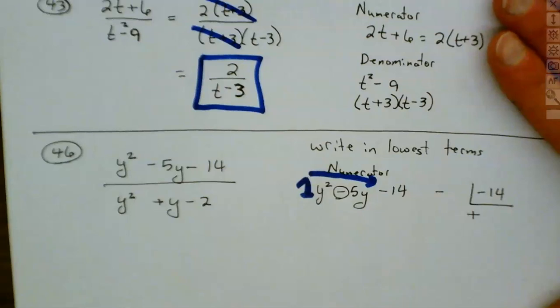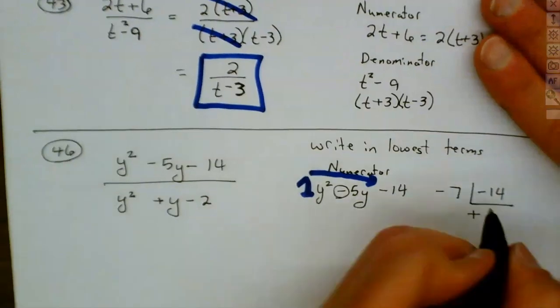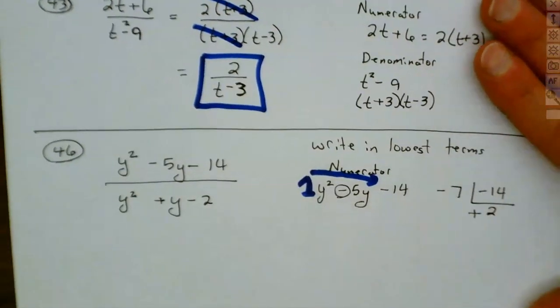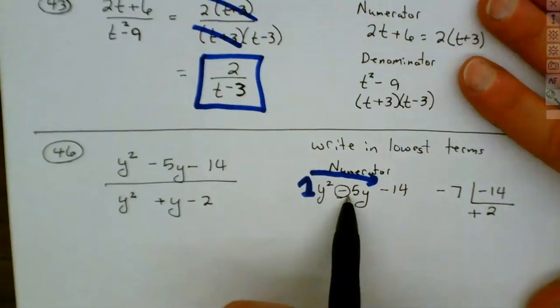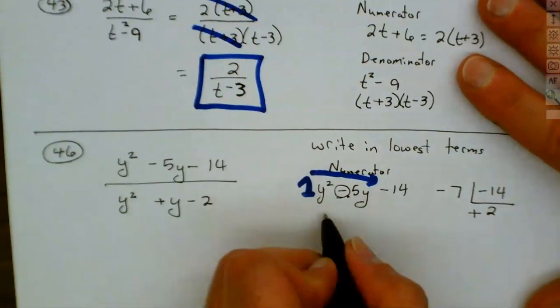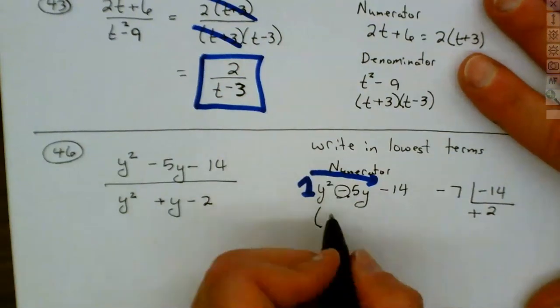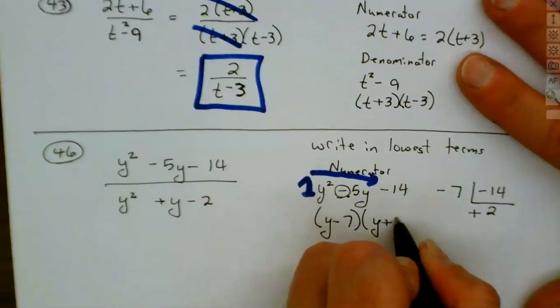Well, 14, there's only 2 possible choices, 2 and 7, right? So how about we use a negative 7, positive 2. That works because those go together to give you the 5 in the middle, right? Pretty simple, pretty easy there. No factor by groupings, so that's just going to factor down into y minus 7, y plus 2.